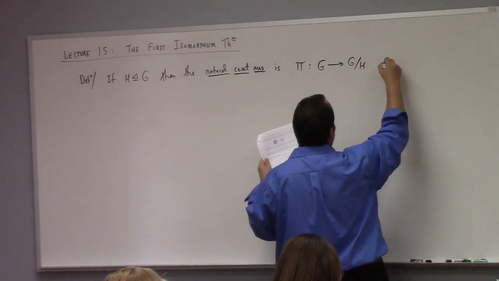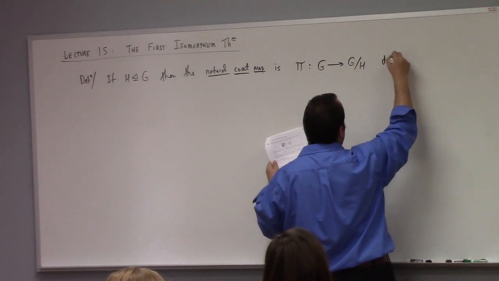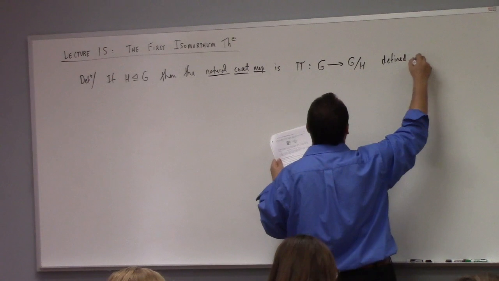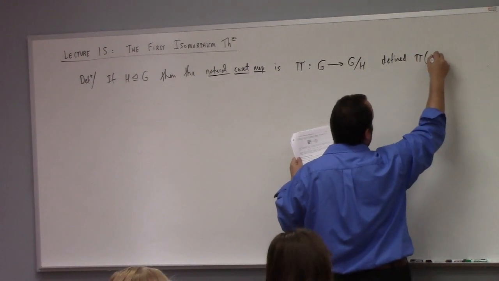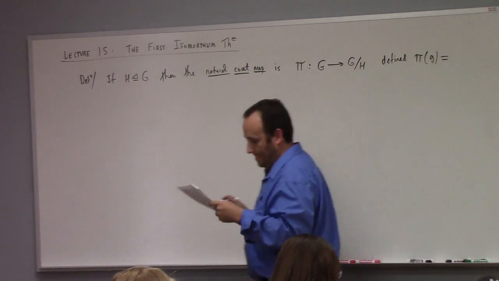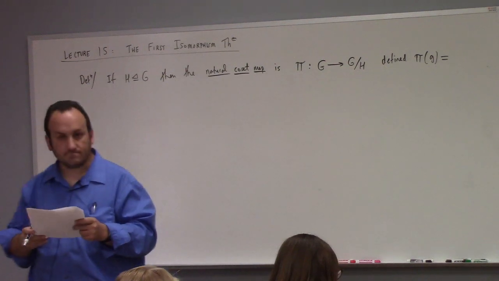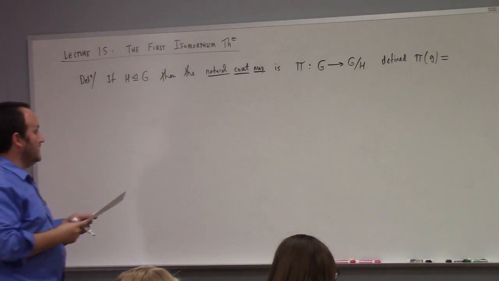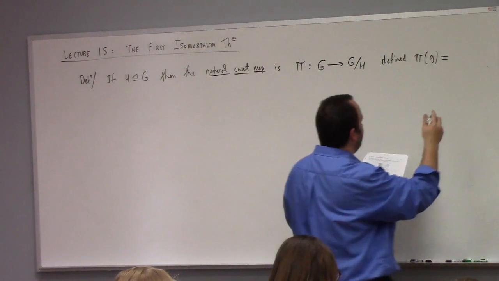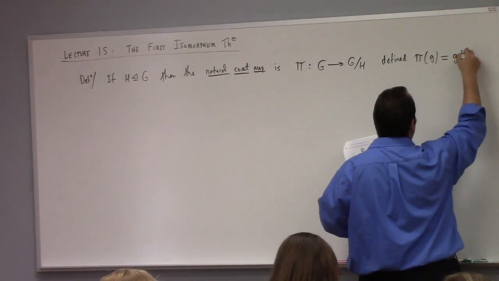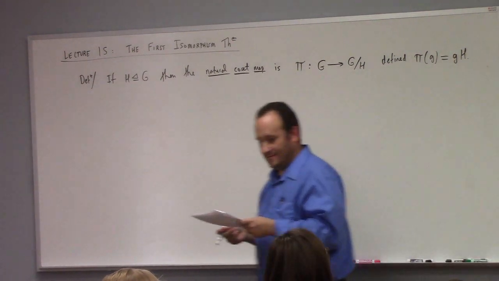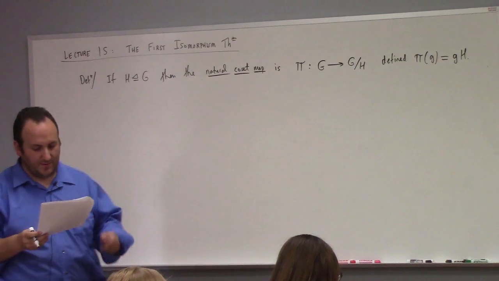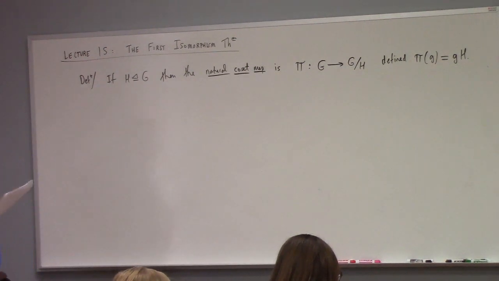Is this defined by what? What do you think the rule is? Pi of g equals what? I will take your g plus H and make it gH. So I want to think multiplicatively here. But yes, often it would be g plus H if we were working in an additive context. I wouldn't take that from you.